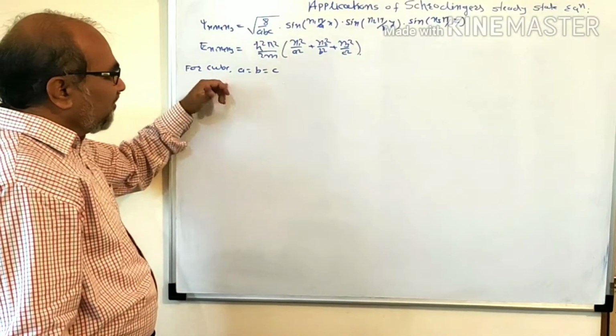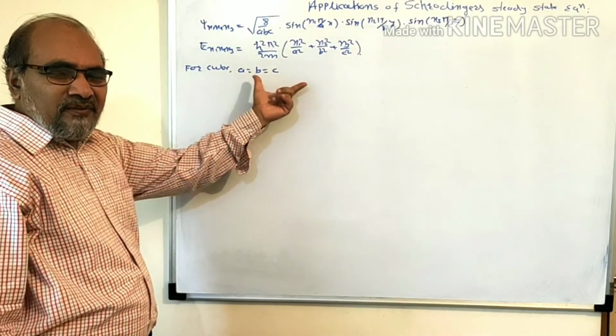So for the cube, all sides are equal: a equal to b is equal to c.